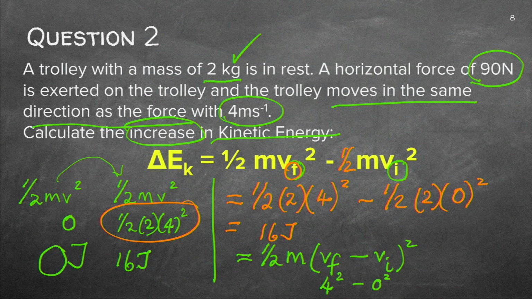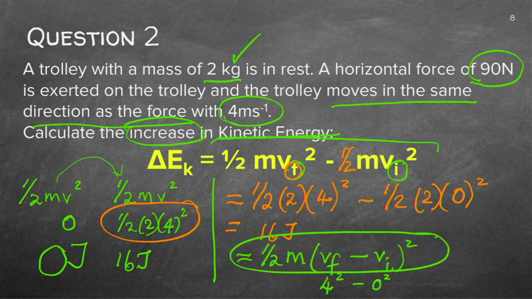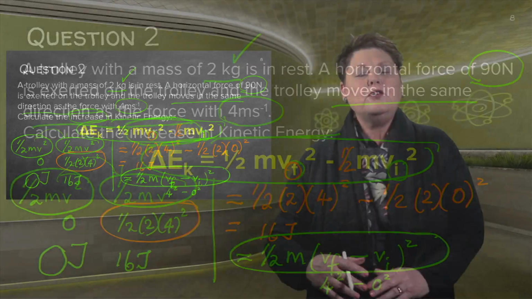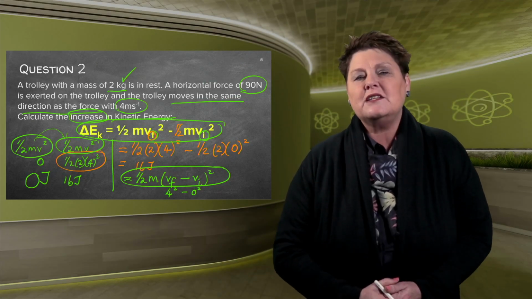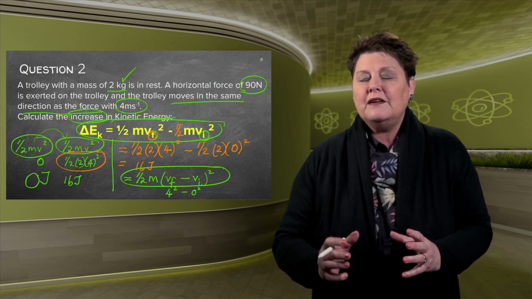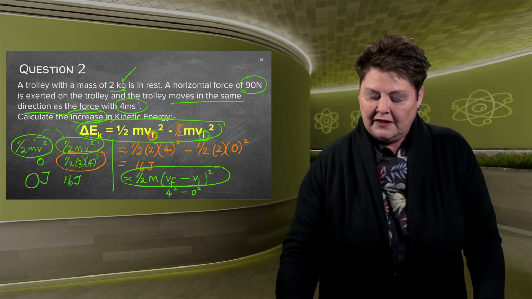So it doesn't really matter. You can either use this equation or you can use this equation or you can do the kinetic energy before and the kinetic energy after this. So you'll see in the next few lessons, we'll do a lot of calculations, but it's just now to manipulate the calculations to find the kinetic energy.